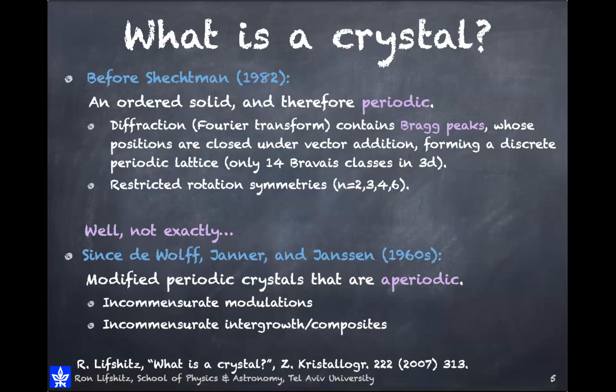So you can do that by taking a periodic crystal and, for example, modulating the positions of the atoms where the wavelength of the modulation is incommensurate with the basic period of the crystal. So what happens is that the diffraction shows additional Bragg peaks, but you do not destroy the Bragg peaks that you had there earlier. So this still remains an ordered crystal, but it's based on the fact that we started from something periodic and then we slightly modified it.